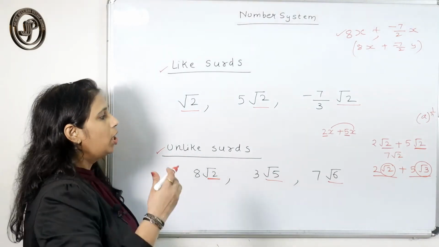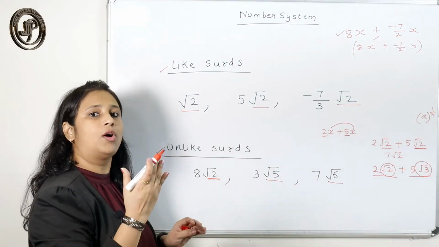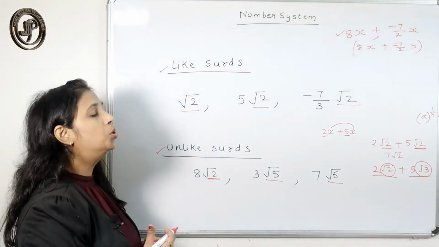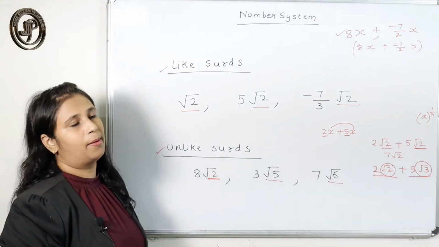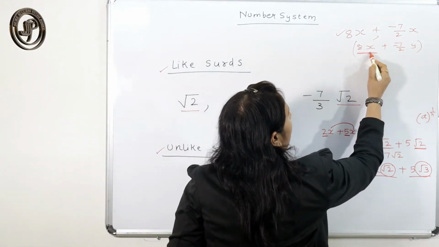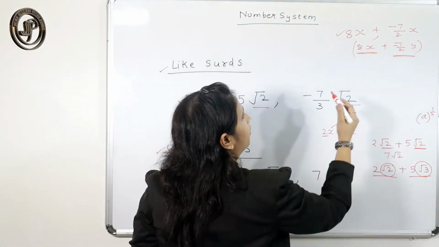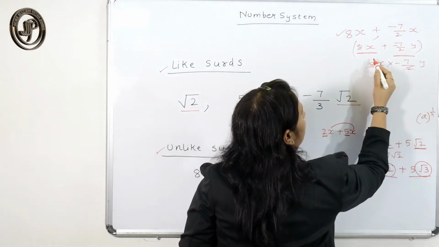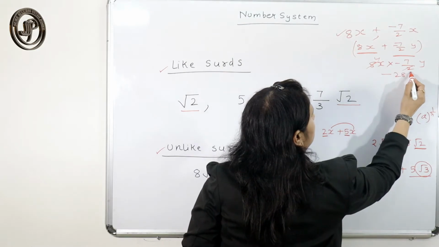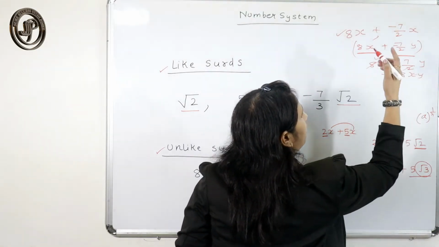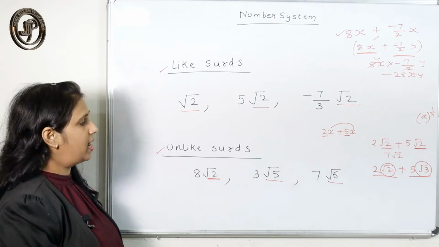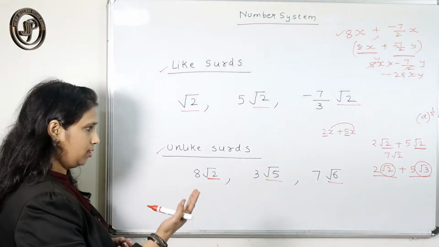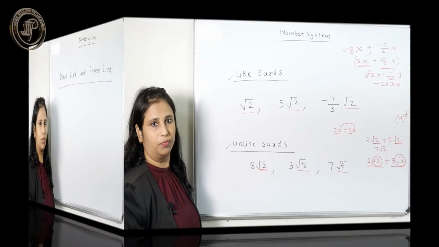The important thing is that you can't add or subtract unlike surds, but you can multiply them. Same way we can't add these two, but we can multiply these two. Then what will be our answer? 28xy, but we can't add them. Same way we use operations for surds also.